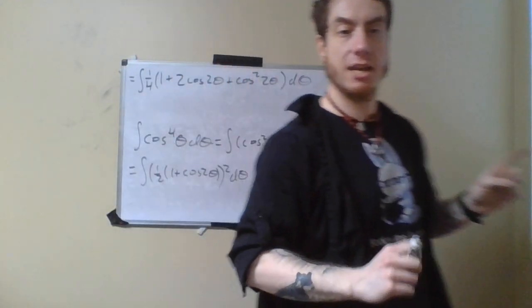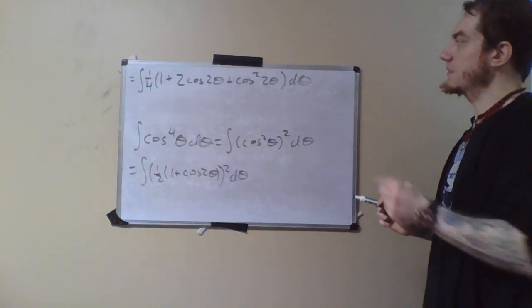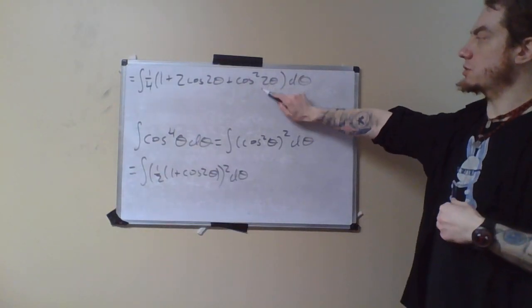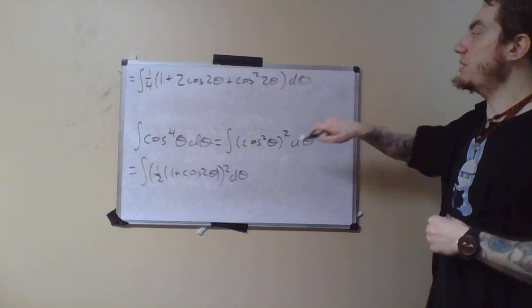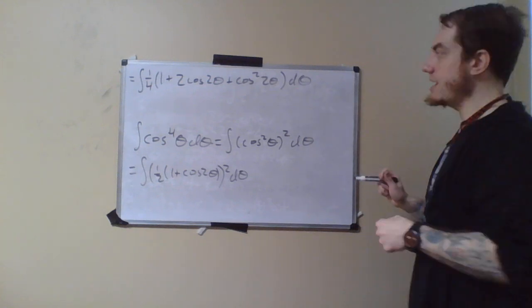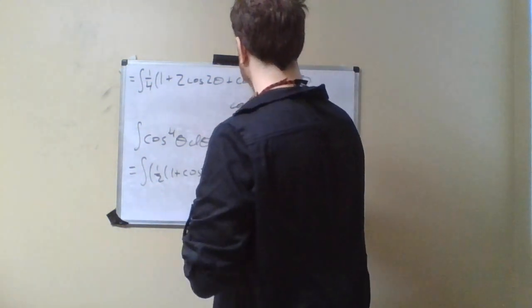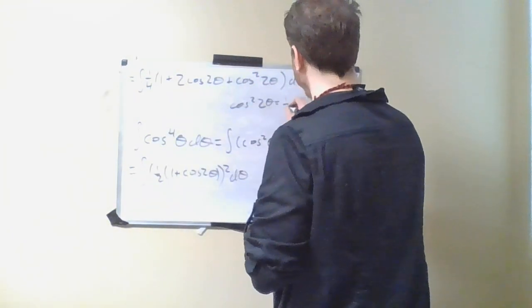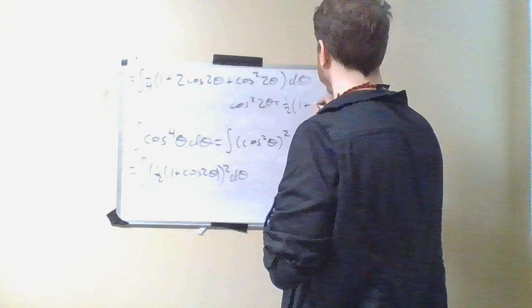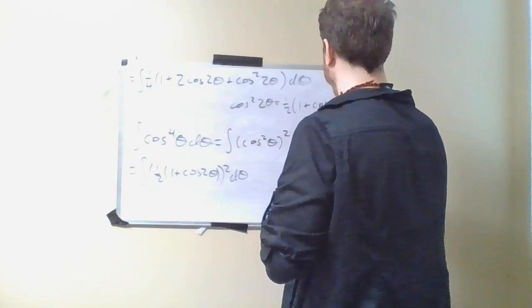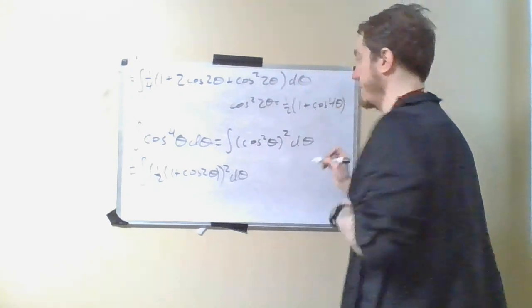We're really fine, except that we have this cosine squared 2 theta. But I can play the same trick again. And I can say cosine squared 2 theta is actually going to equal 1/2 times 1 plus the cosine of 4 theta.